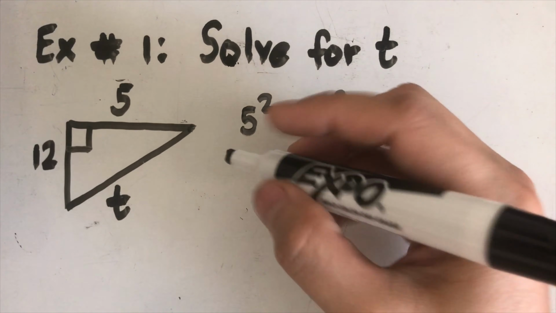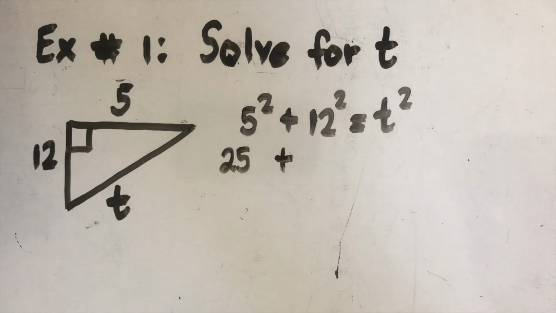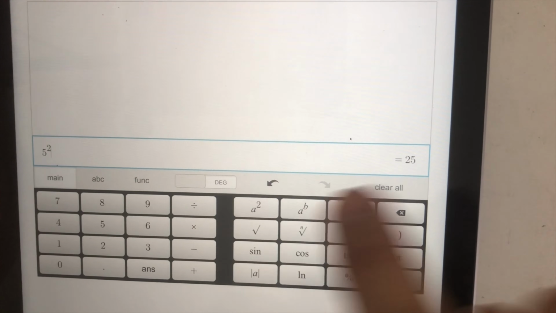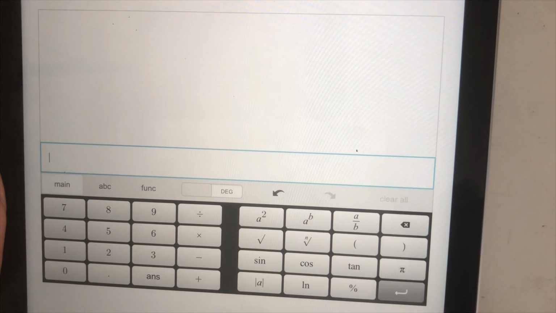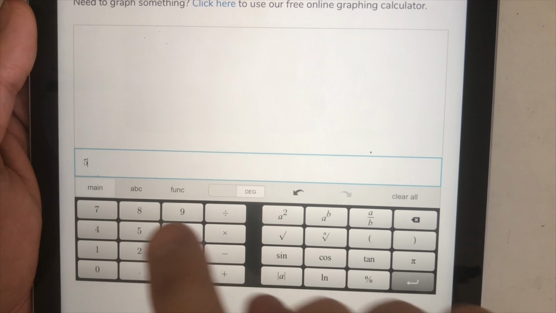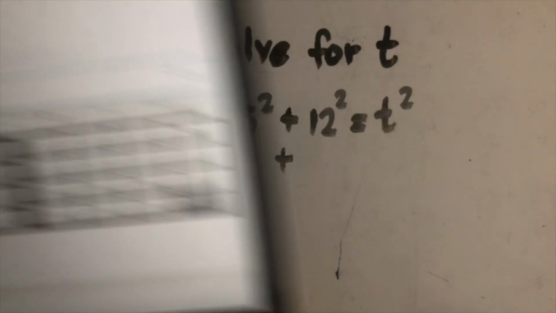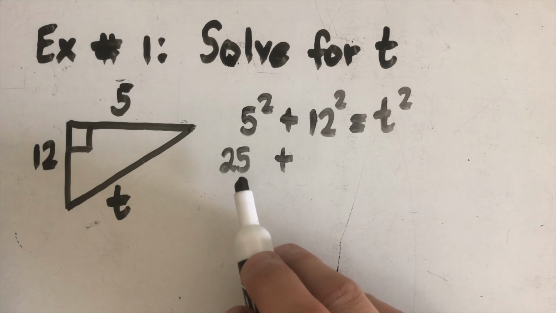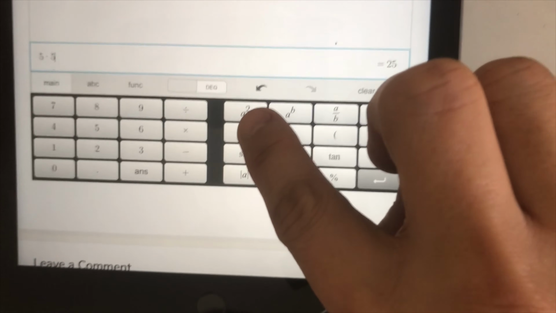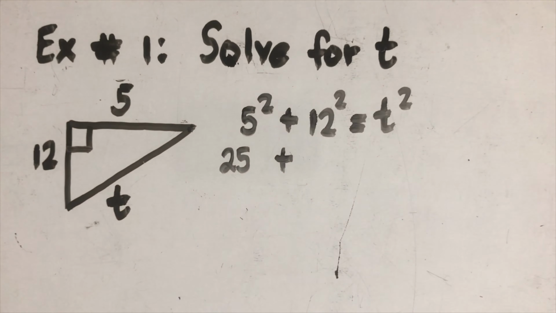Another way to find the square is to multiply the same number twice. So 5 times 5 gives you 25. So those are the options: you can either use the a squared button or multiply twice. That will give you the square.